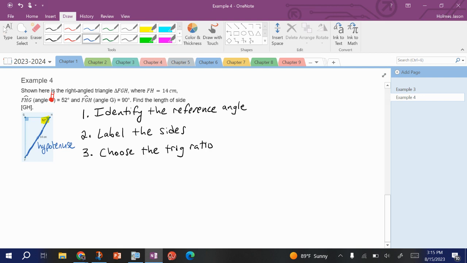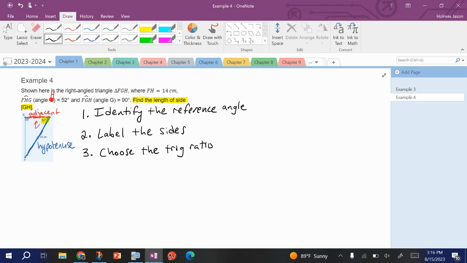And then finally, the problem asks us to find the length of side GH. So let's label GH on there as well. GH is up here. It is next to the reference angle, meaning it is the adjacent side.